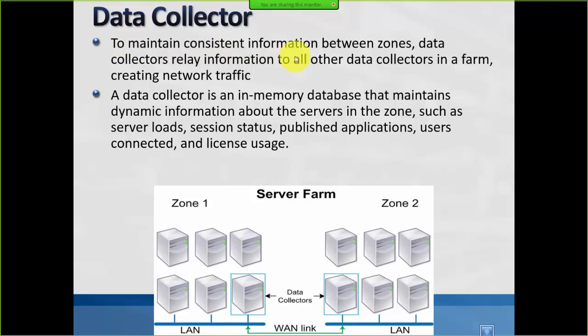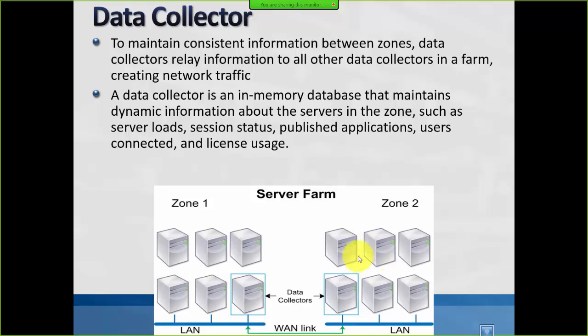To maintain consistent information between zones, data collectors relay information to all other data collectors in a farm, creating network traffic. So one zone, one set of Citrix servers, would know all the information about what applications are deployed on the other Citrix farm, and how the load balancing is working.